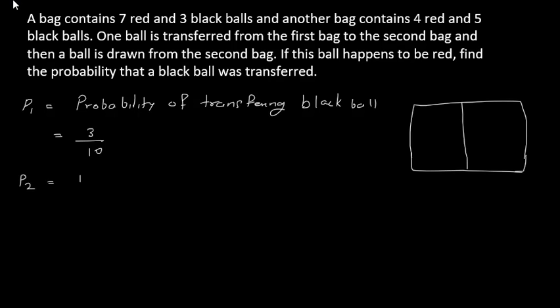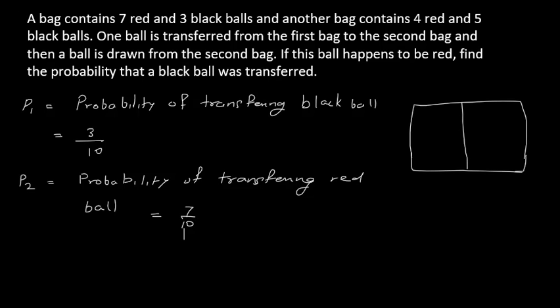Similarly, P2 will be the probability of transferring a red ball. Total red balls are 7 out of 10. So it is 7 upon 10.